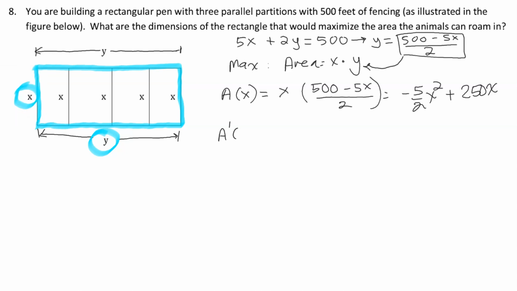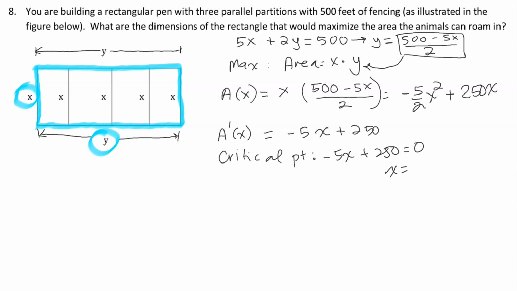So we would go ahead and take the derivative. So then the derivative would be negative 5x plus 250. So our critical point is when negative 5x plus 250 is equal to 0. So x is equal to 250 divided by 5, which is 50.